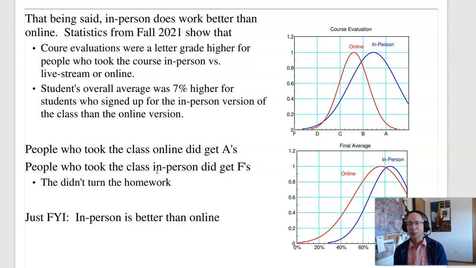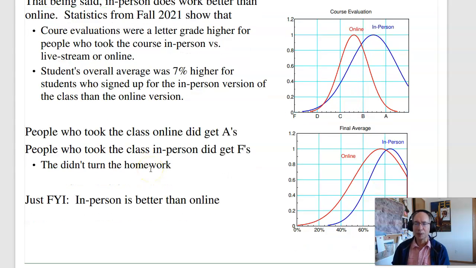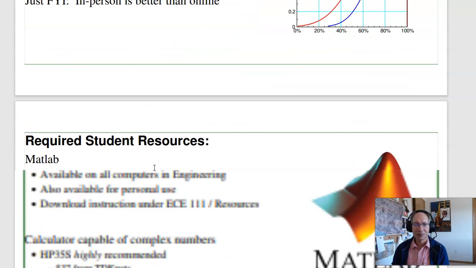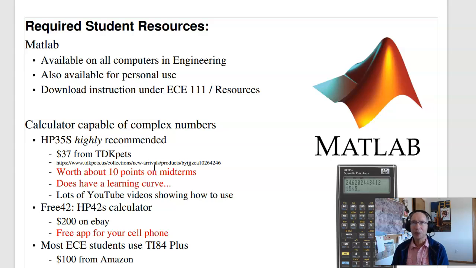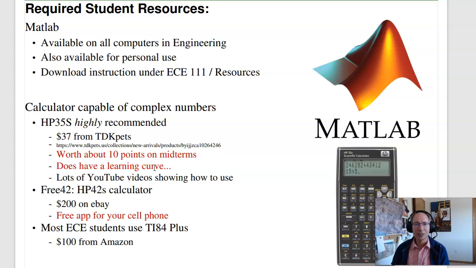People taking it in person didn't pass. So it's available for everyone. Just be warned. If you have a choice, in-person is better than online. It's not supposed to be, but that's just kind of the way it is. Not too surprising. I've had 30 years experience teaching in person, 3 years experience online, so I'm not too surprised that in-person is better than online.